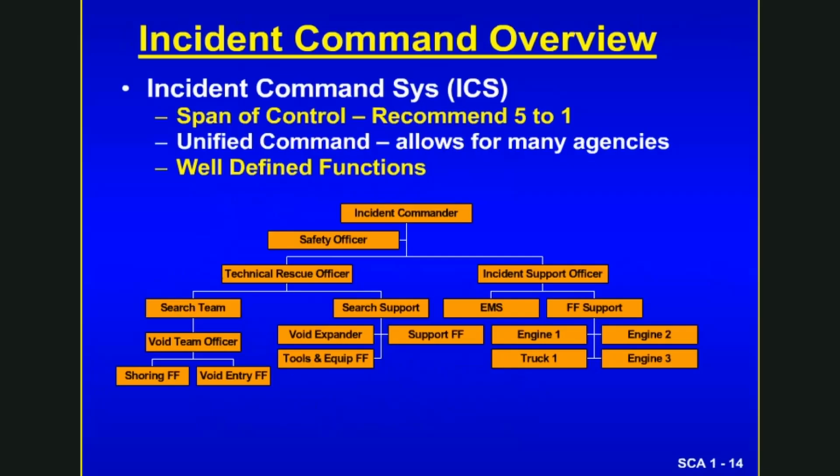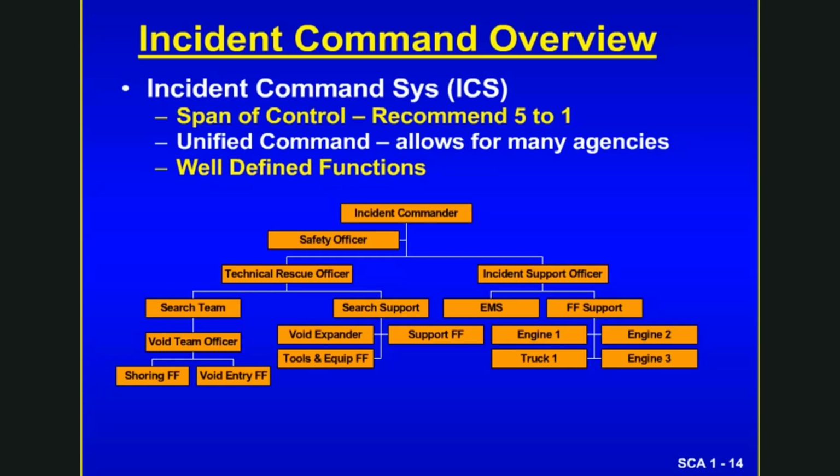Incident command system is what we all should be very familiar with. There are at least 2 courses, ICS 100 and 200, that are online that all of us should have taken. But to me, the most important things of the incident command system are span of control.